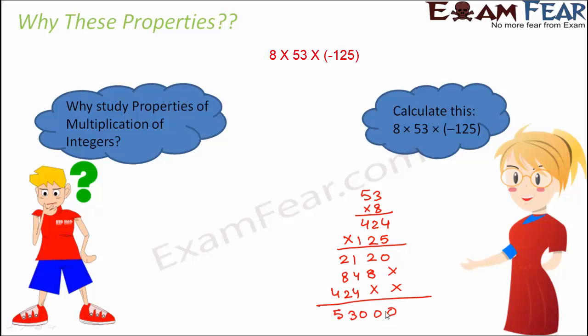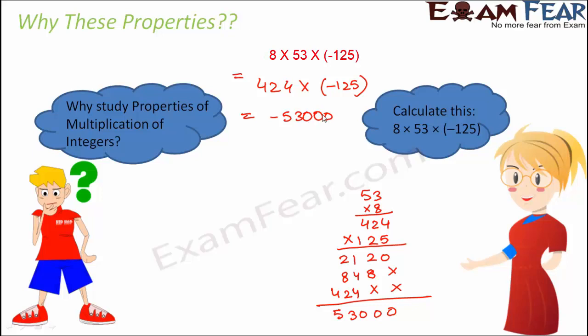So don't you think that this was a time consuming and tedious process? Yes, it was, right? So in this fashion you could actually find out the value of this product. Now once you are aware of these properties, how it helps is you get rid of spending so much time and such a complex process.